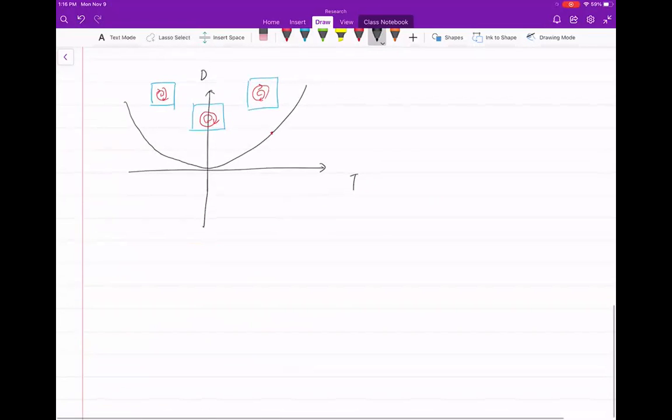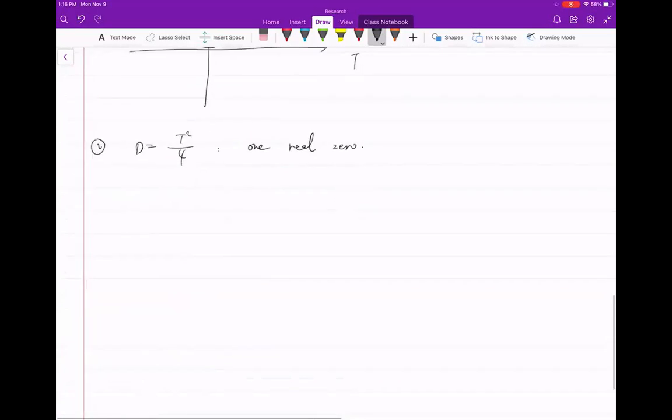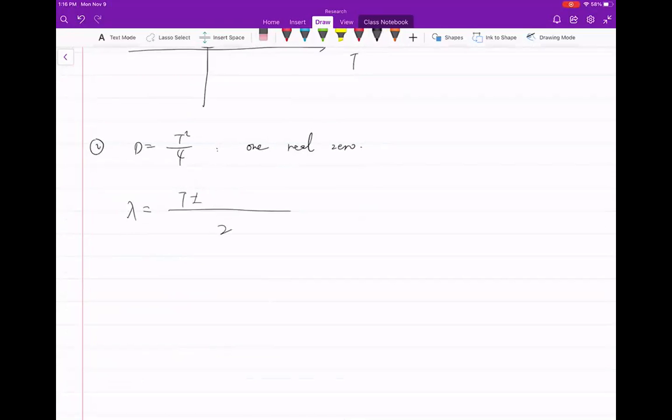Now the second case, we have D equals T squared over 4. That means we have one real root, which equals lambda equals T over 2 plus or minus, and this becomes 0. Okay, which just gives you T over 2.